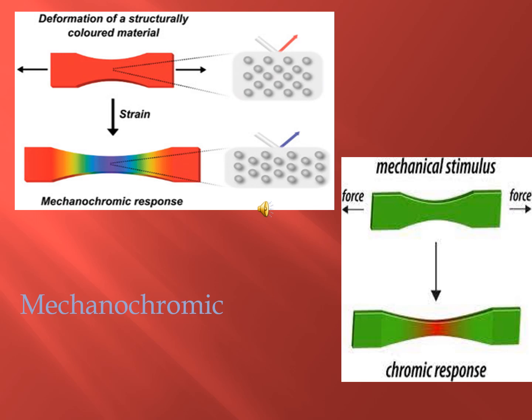Now, mechanochromic materials. These are the materials that show change in the color when a mechanical stimulus like a stress is applied. These materials are currently studied intensely because of their critical use in stress detection, particularly in situ failure monitoring due to fracture, corrosion, fatigue, or creep.